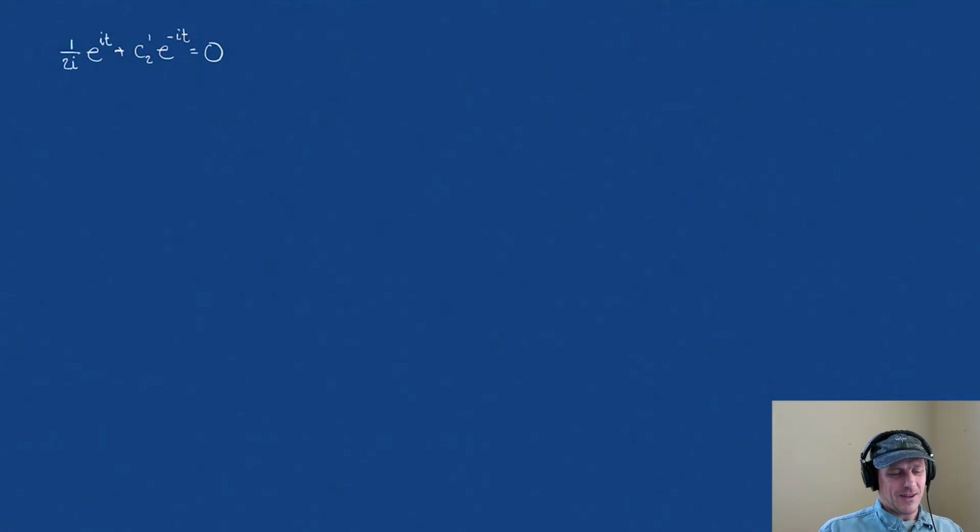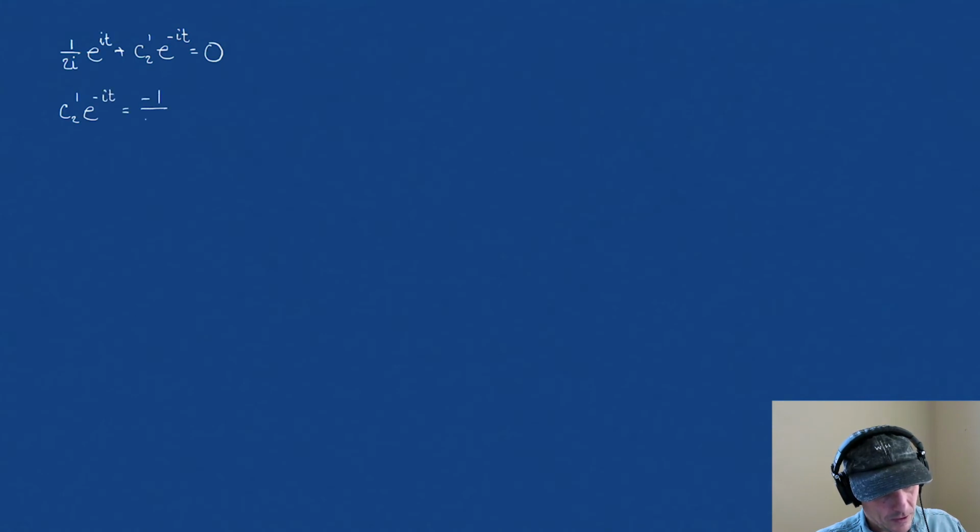Okay, here we are. And now we can solve for c2 prime. I'm going to do this in a couple steps. c2 prime e to the minus it is equal to minus 1 over 2 times i e to the positive it. And then I'm going to multiply both sides by e to the positive it. So now I have c2 prime equals minus 1 over 2i times e to the 2it.